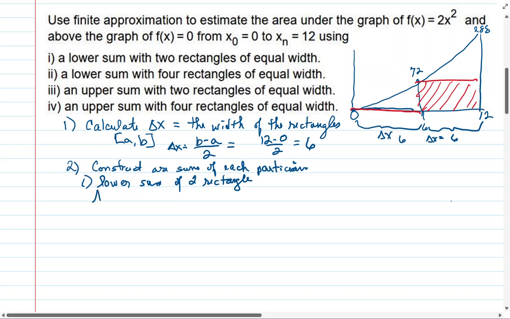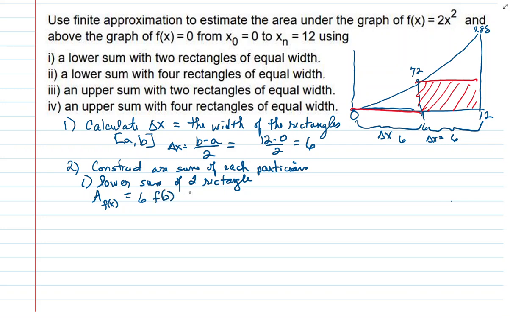So the area of our function is going to be 6 times f of 0 plus 6 times f of 6, because those are the lower ends.